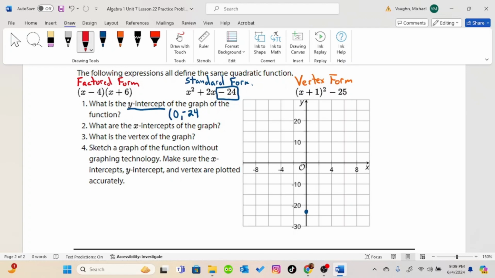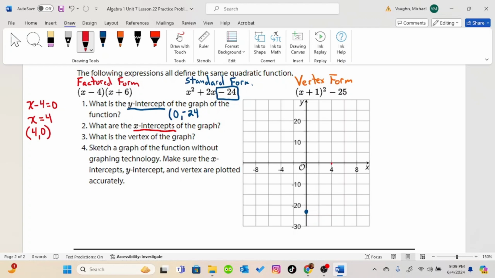Number 2, what are the x-intercepts? Well, if I want the x-intercepts, then I want to use the factored form. And I set each factor equal to 0 and solve for x. So when x minus 4 equals 0, x must be 4, so that intercept is at 4, 0.